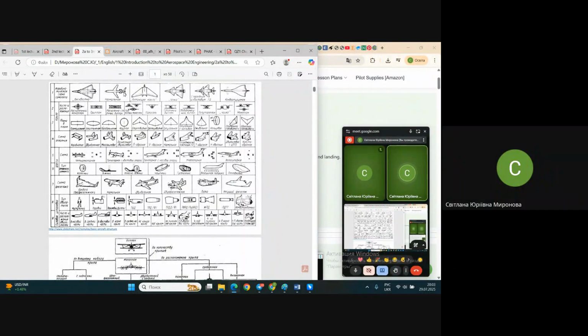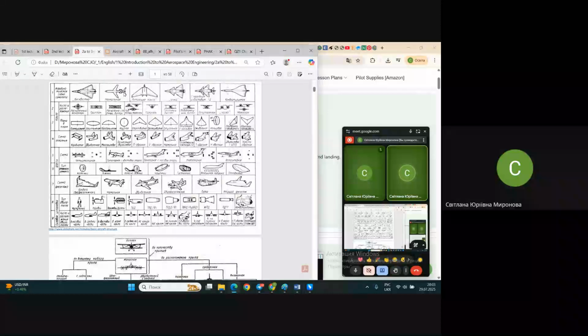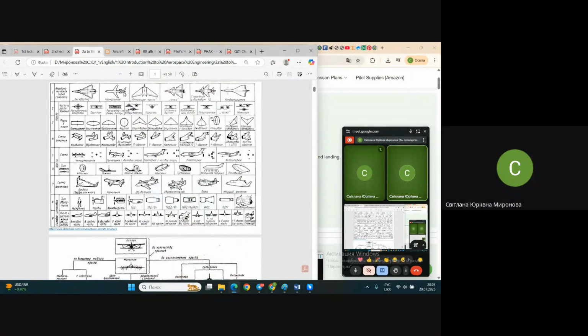You already understand very well that airplanes may be classified, categorized, depending on the purpose. Like, for instance, civil, military, and inside of this military and civil, also another classification, like passenger, cargo, medical, firefighting, agricultural, rescue airplanes, and so on and so forth.